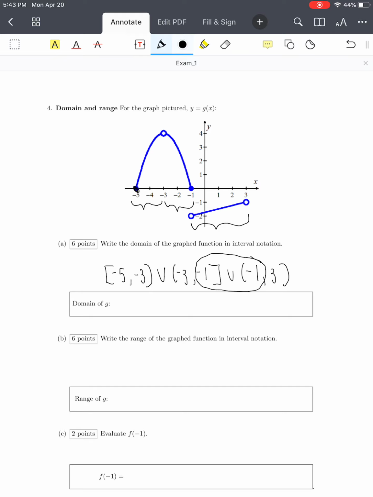But if we're including the point and have an interval where it's not including the point, we're still including the point. So we could write this as -5 to -3, unioned with -3 to 3. We can combine these two intervals right here. So either answer works. They both mean the same thing.